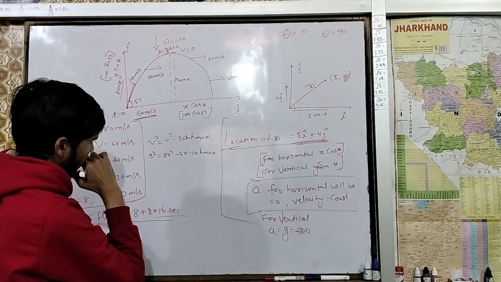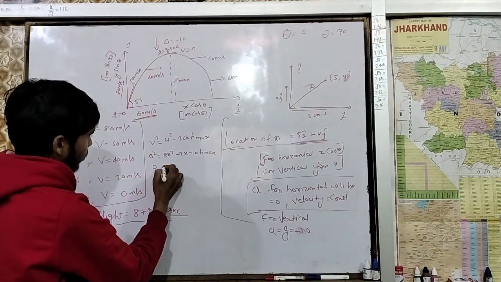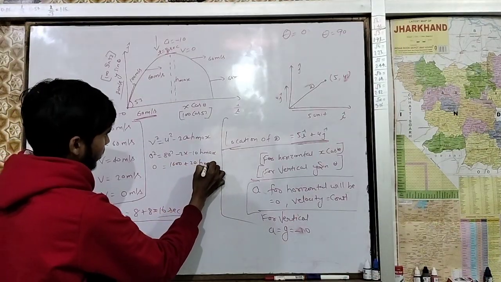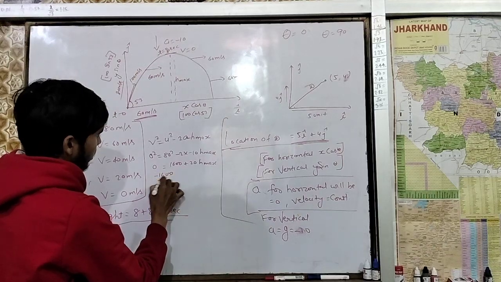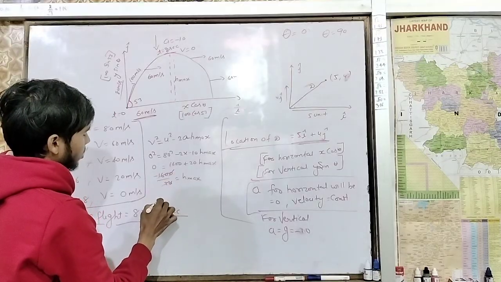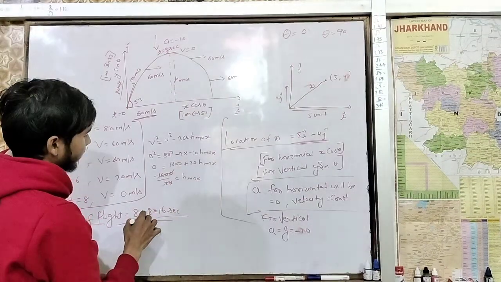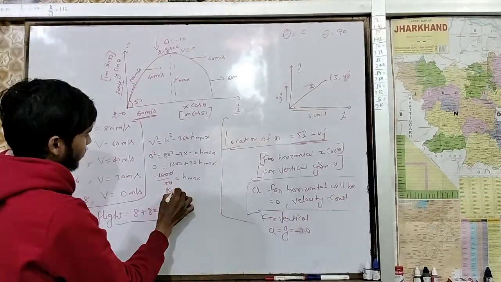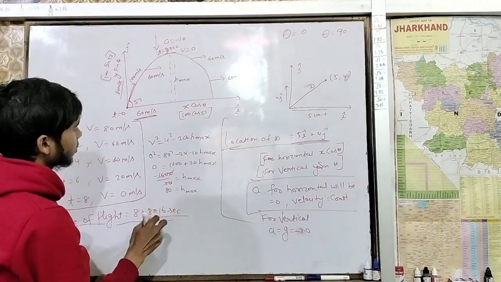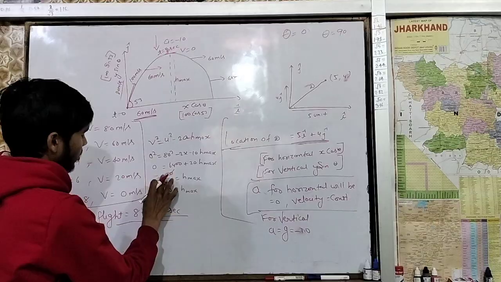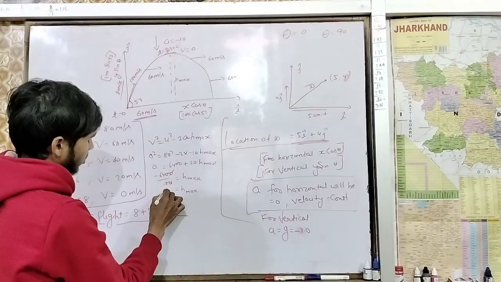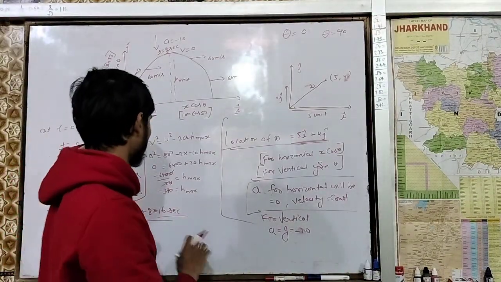So 1600 plus 20 h maximum... 1600 upon 20 is the maximum height.